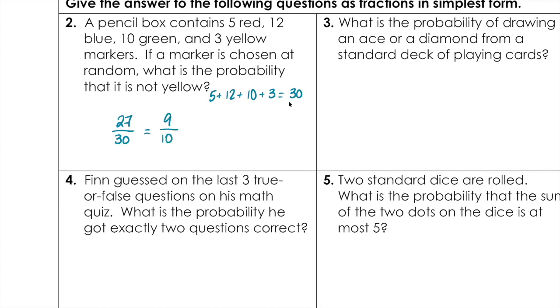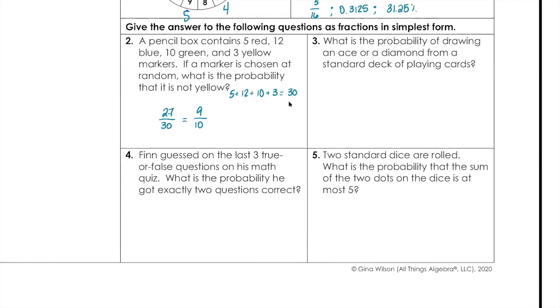Now, number 10. Probability of drawing an ace or a diamond from a standard deck of cards. Guys, decks of cards are going to be common. Get used to some of our relationships. Like there's 52 cards in the deck. 26 of those are red. 26 of those are black. So 26 red, 26 black. You've got 13, and we're in the red.